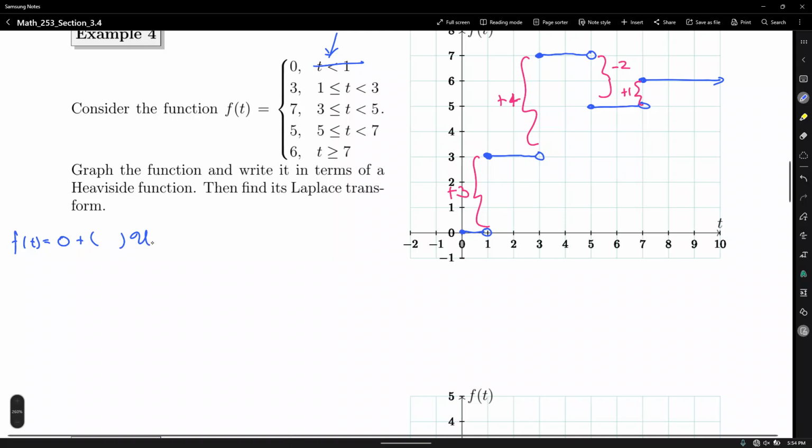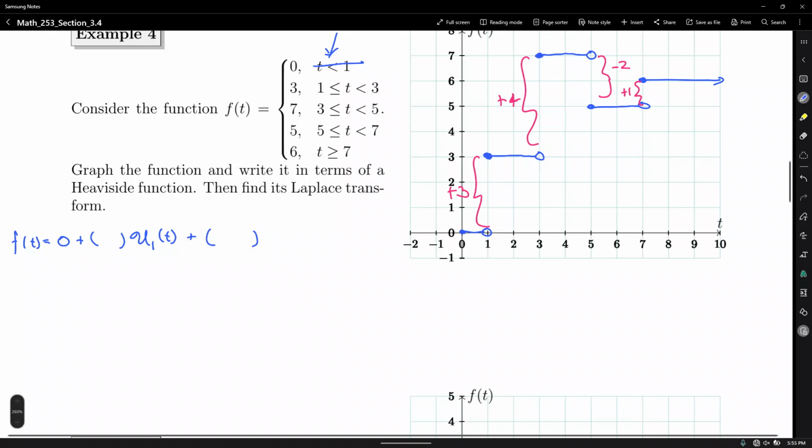Rather than using parentheses, u subscript 1 of t. That's to indicate that we're gonna have a jump discontinuity at t equals 1, rather than using u(t-1). That's exactly the same. I would like to use the different notation so you guys get used to the two of them.